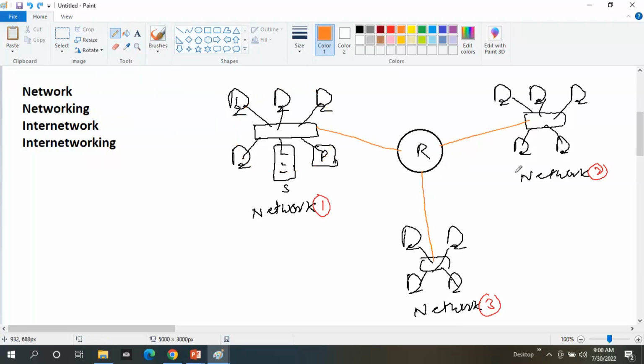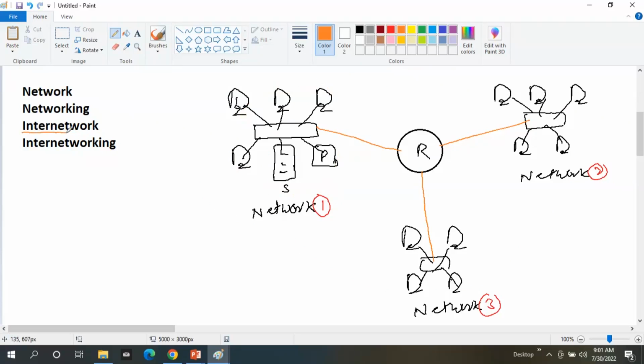But now we have interconnected two or more networks: network 1, network 2, network 3. Each network's size can be smaller or bigger. In this diagram, network 1 has 6 devices, but that can be 60, 600, 6000, many. So the interconnection of two or more networks is called what? Internetwork. In short form, we call it internet.